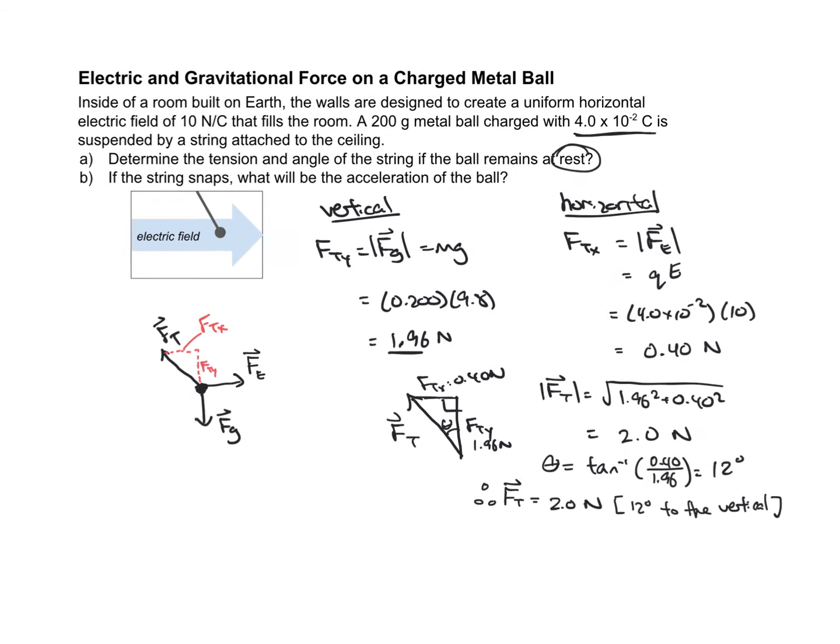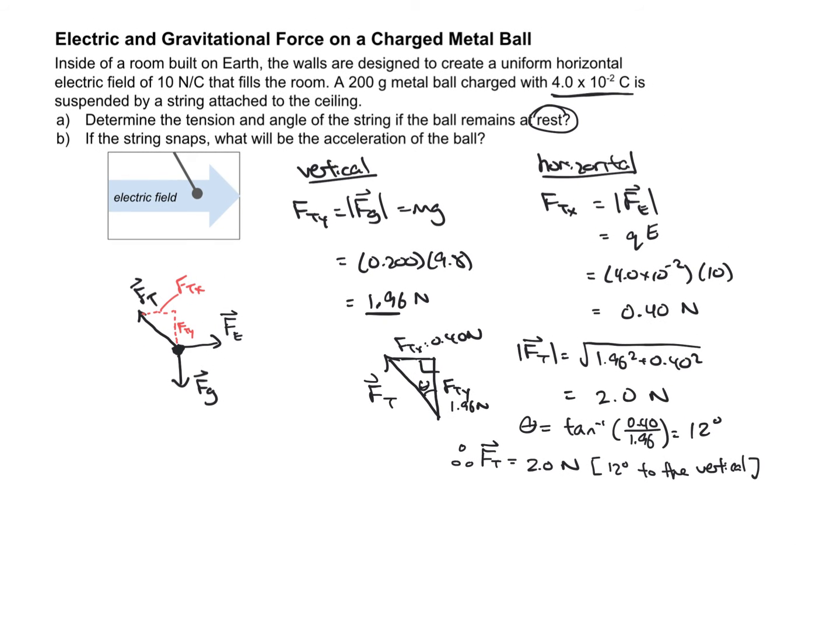Okay, part B. If the string snaps, what will be the acceleration? The acceleration is just the net force divided by the mass. Now, if the string snaps, we lose the tension force. So what will the net force be?